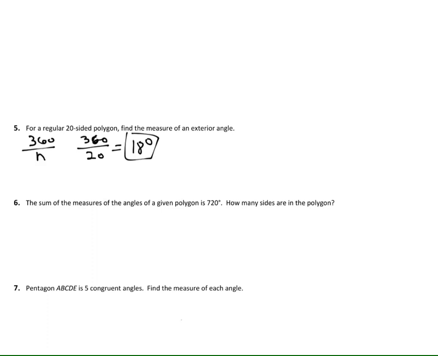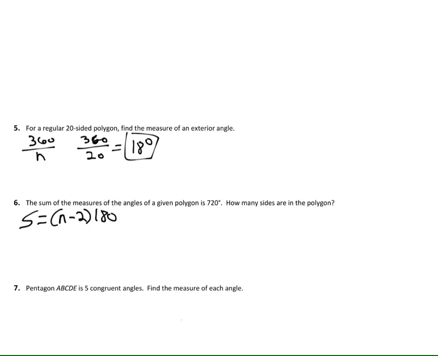Okay. All right, so let's look at number 6. So on number 6, it says the sum of the measures of the angles of a given polygon is 720 degrees. How many sides are in the polygon? So I know the angle sum theorem is S equals the number of sides minus 2 multiplied by 180. So I'm going to use this formula and basically work backwards to find the number of sides. So I know S in this problem is going to be 720 degrees.